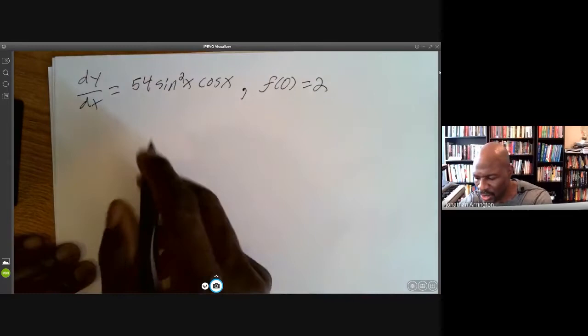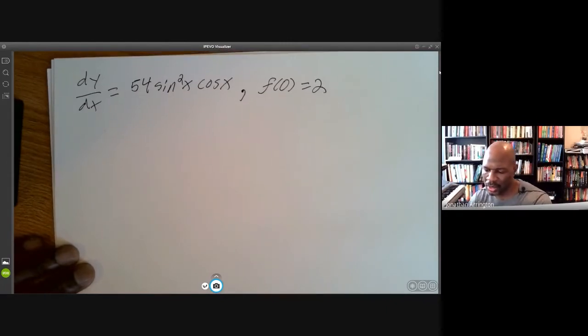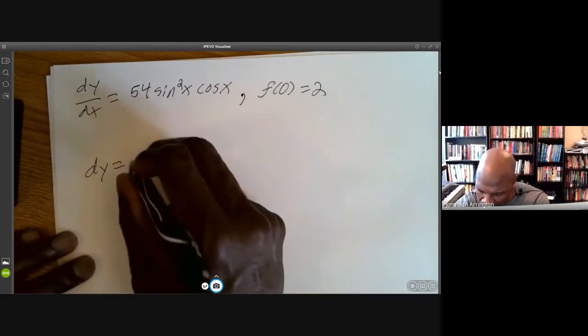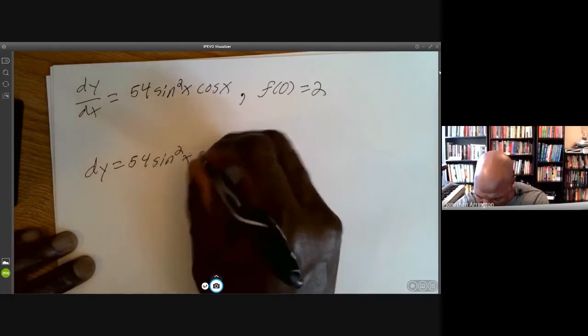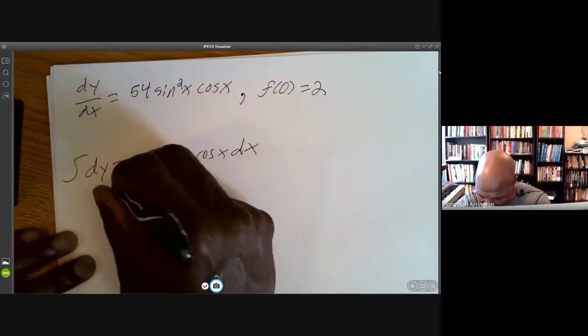This is why Leibniz notation is so much more beneficial on things like this than Newton's prime notation. So I'm just going to move this dx over. I'm going to have that dy equals 54 sine squared x cosine x dx, and I'm going to integrate like so.